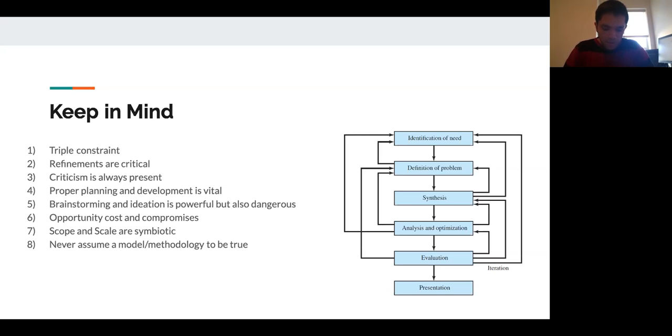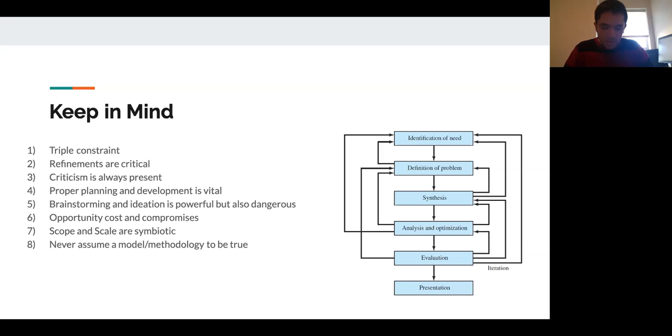Number 5, allowing yourself and team members to brainstorm and explore ideations is a powerful tool to exhaust all possibilities. On the contrary, if a team member or yourself doesn't keep a team member grounded or focused on the problem being solved, tangents or radical innovations will result in planning, which is very dangerous. Time is a priority.